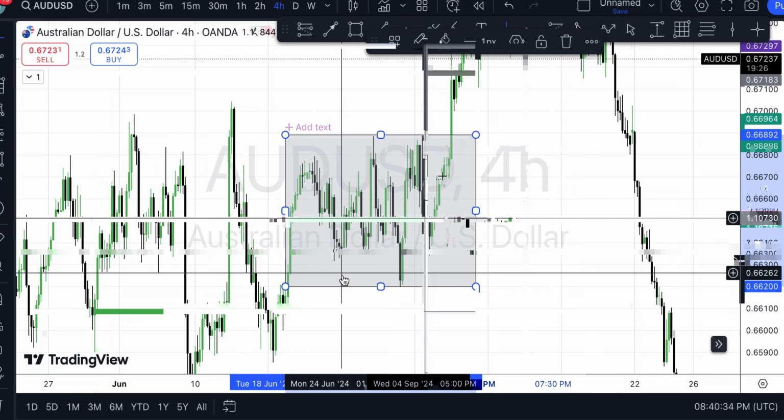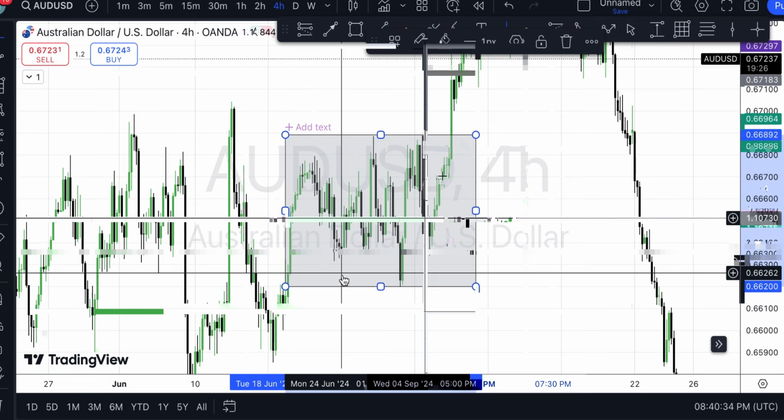So let's now look at how to combine it with other analysis. Support and resistance levels are often used in conjunction with other technical tools like trend lines, moving averages, and candlestick patterns to confirm trading decisions.